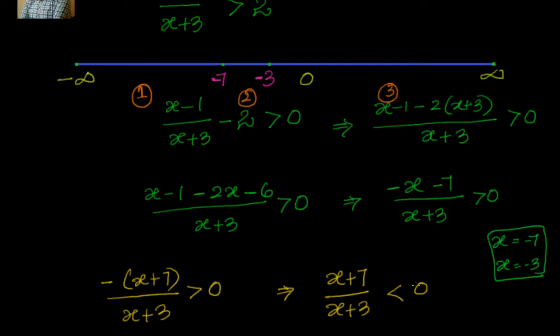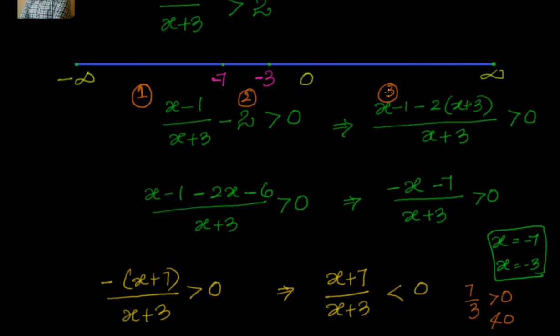Now the first thing I will always do is substitute the value of 0. If I substitute 0, this becomes 0 plus 7, that is 7 by 3, which is actually greater than 0, not less than 0. That means it is wrong. That means the interval where 0 is present is not the solution.